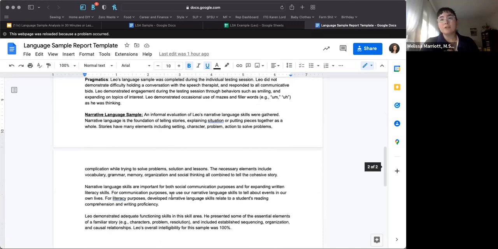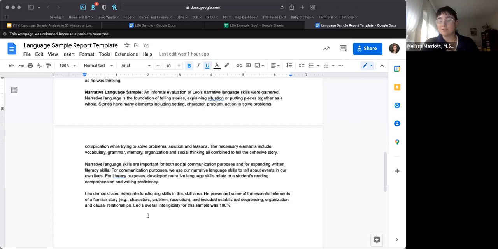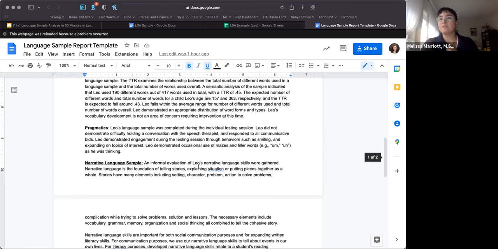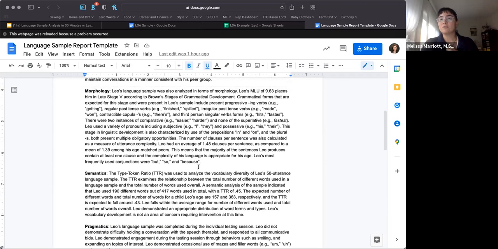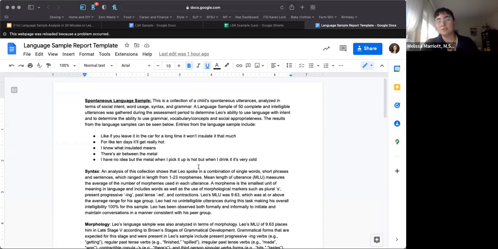If you're doing a narrative language sample, these are both really just skeletons of language sample reports. Depending on what information you are looking for or what's coming up in your language sample, you can elaborate on a lot of this, but this is just my "this student doesn't have a problem" language sample report.